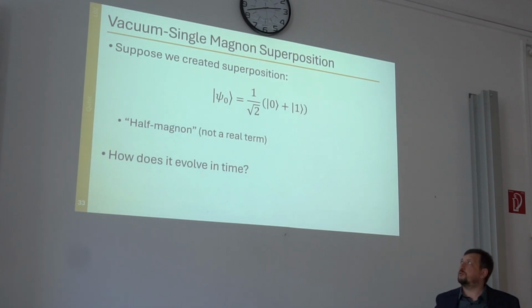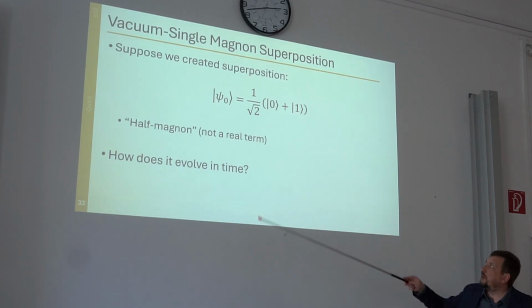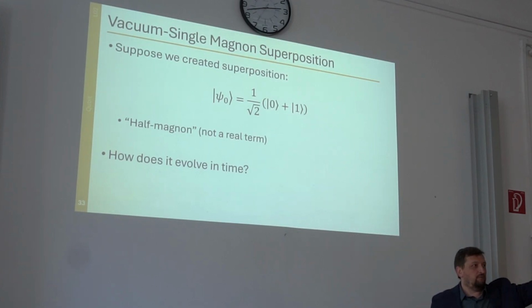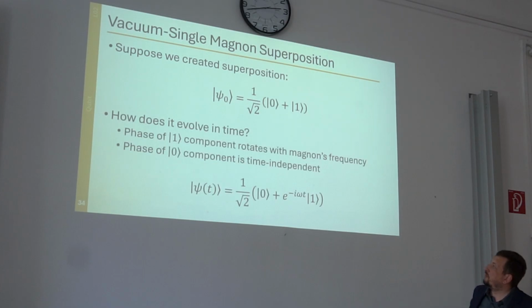Quantum physics is linear. So we will have here e to the minus i omega t. Here is the vacuum state. We will take zero energy there at the vacuum state, so this phase does not change. So this is what we will have. Here the phase changes with the frequency of one magnon. Here the phase does not change.